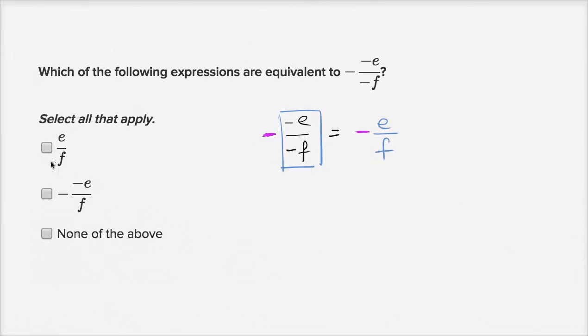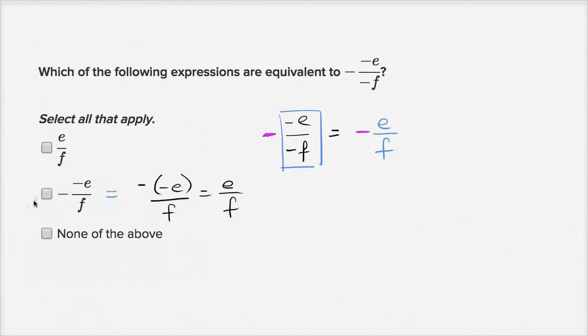So let's see which of these choices are that. Well, this right here is positive e over f, so that's not the choice. This one over here, we could write it several ways, actually. We could write it as negative of negative e over f, which of course is equal to positive e over f. We could also put the negative in the denominator.